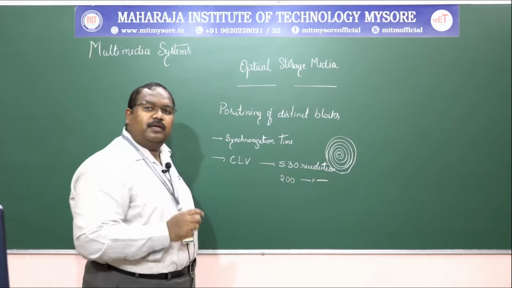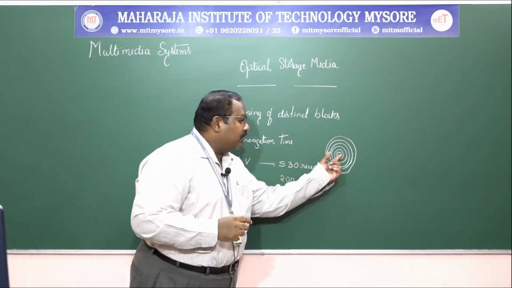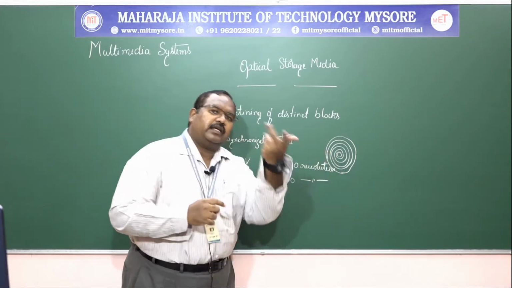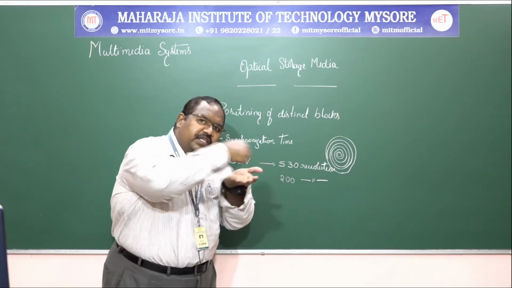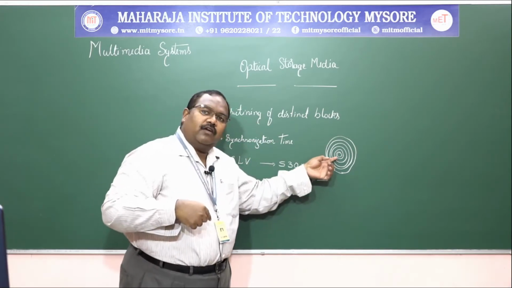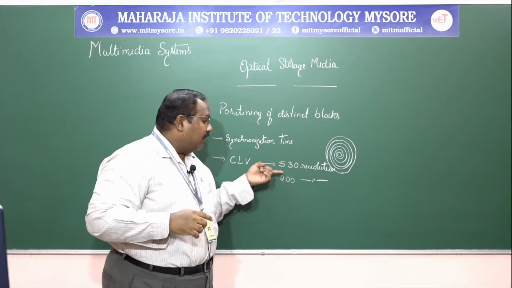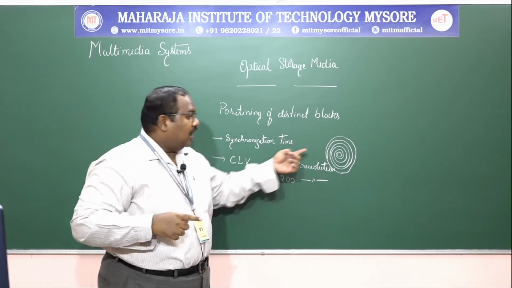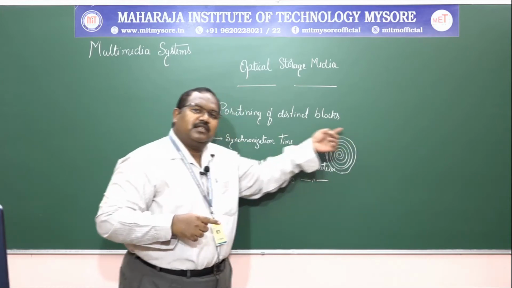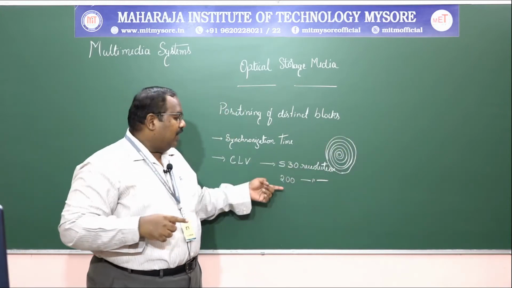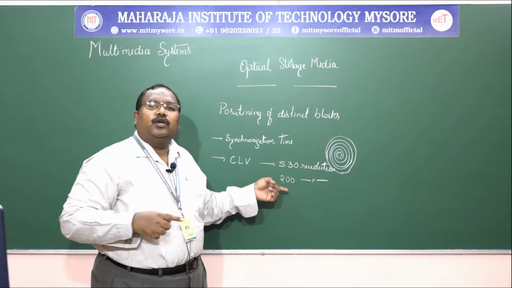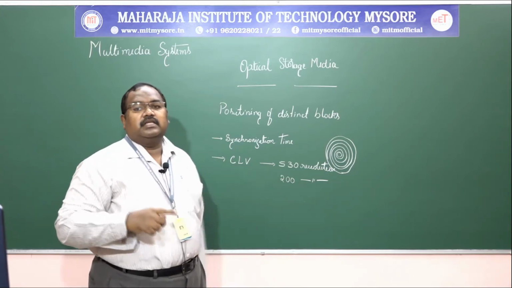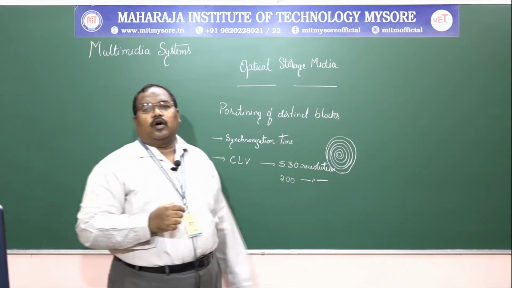Look at the difference between the rotations. A revolution means a complete turnover. So the inner portion at a constant linear velocity might have achieved 530 revolutions, whereas the outer region, because its coverage surface is bigger, would have covered only 200 revolutions. This is again one more drawback.